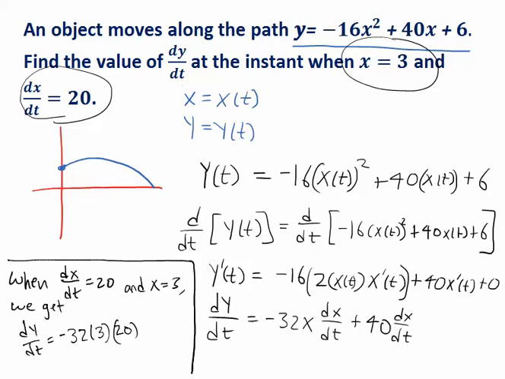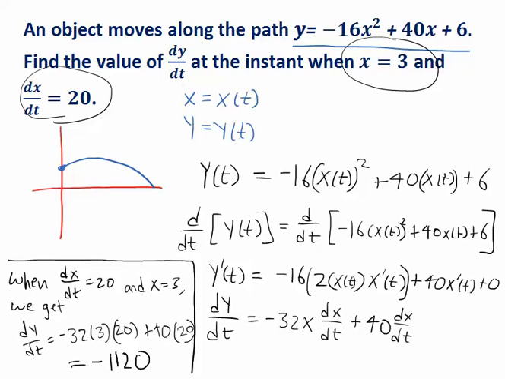So that 3 is replacing x and the 20 is replacing dx/dt, plus 40 times dx/dt. Again, dx/dt is 20. So this comes out to negative 1,120. All right, that's how fast the y-coordinate of the object is changing.